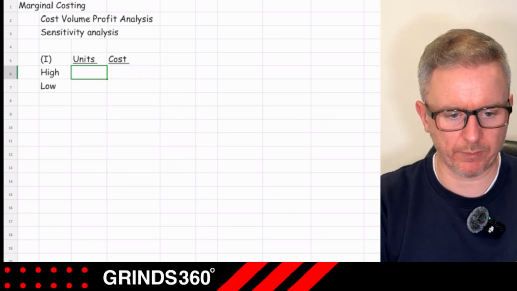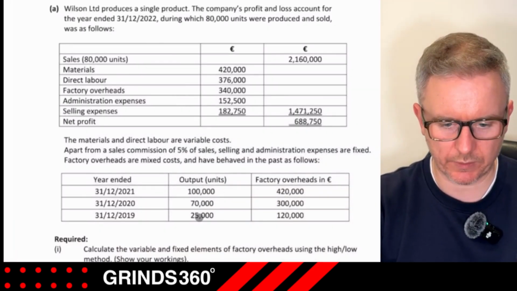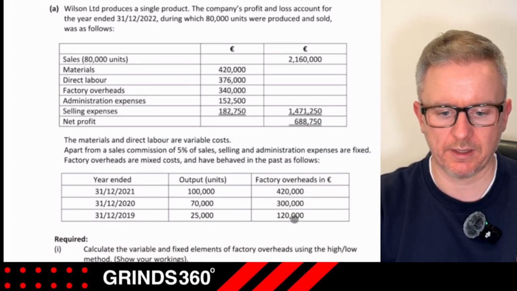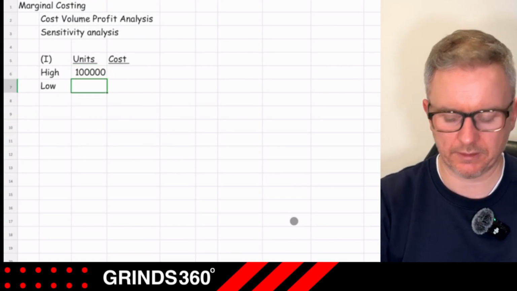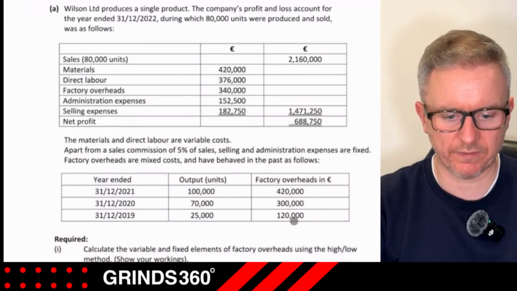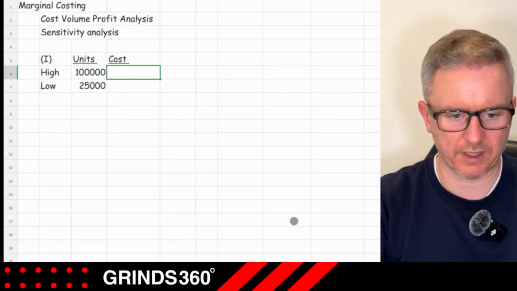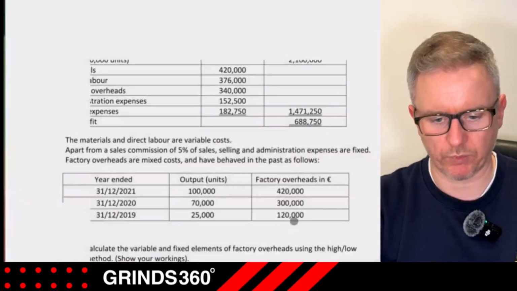You go back to the question and say, right, 100,000 units and 25,000 units, and the associated costs, 420,000 and 120,000. So 100,000 units is the highest, the lowest is 25,000, and then the associated cost: we have our 420,000, and then we had 120,000.